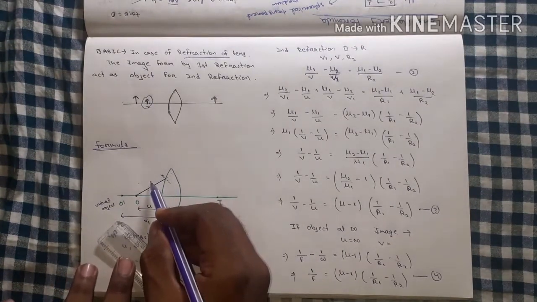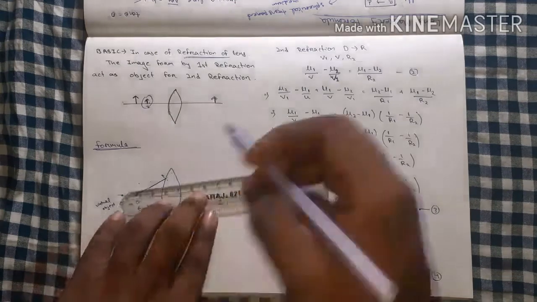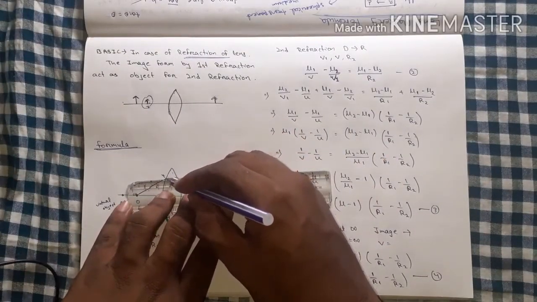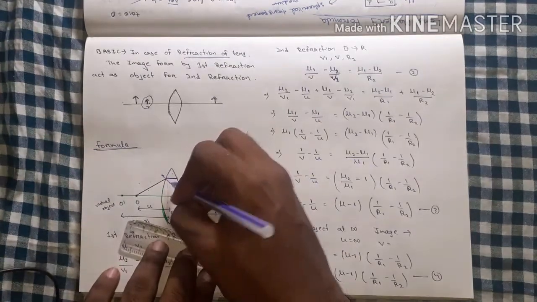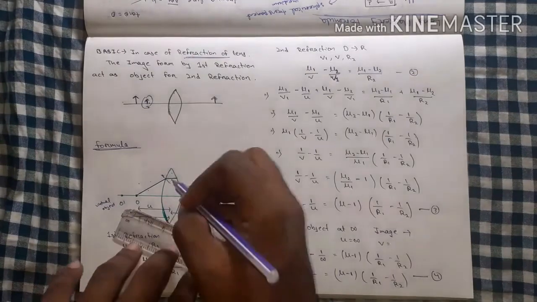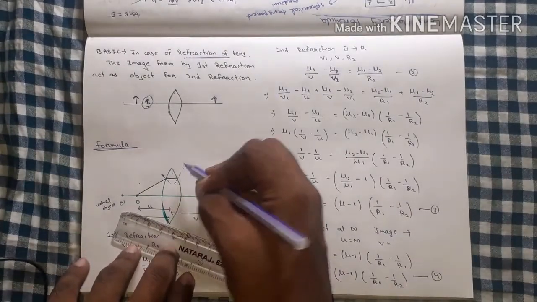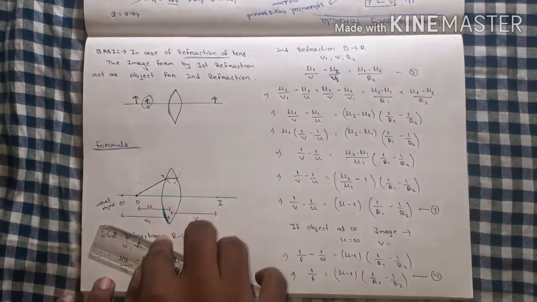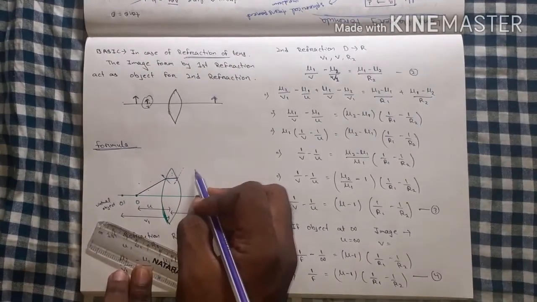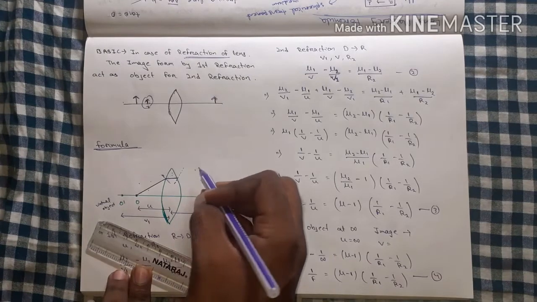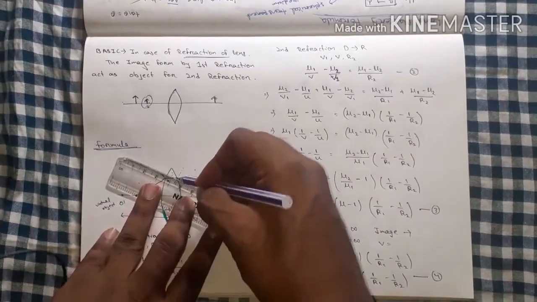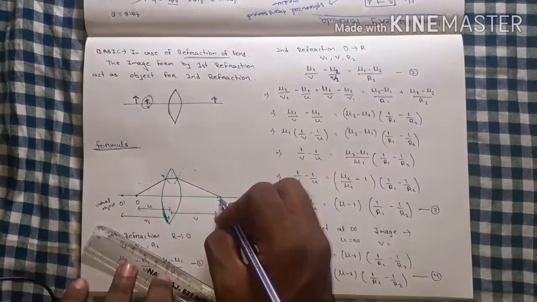Since light travels from rarer to denser medium, it will bend toward the normal. Then here will be another normal for this surface. When light travels from denser to rarer medium, it bends away from the normal, and it will meet at a point.